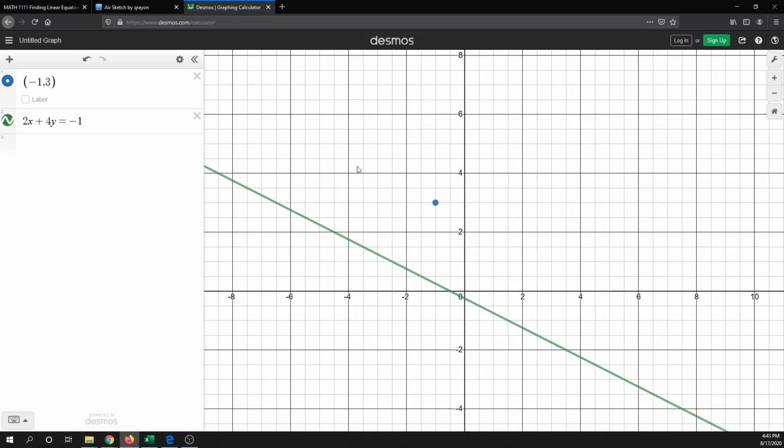All right, so our line should go right through this blue point and then look like it's making a 90-degree angle with the green line. So y equals 2x plus 5, okay?